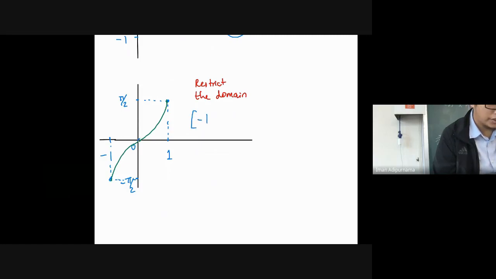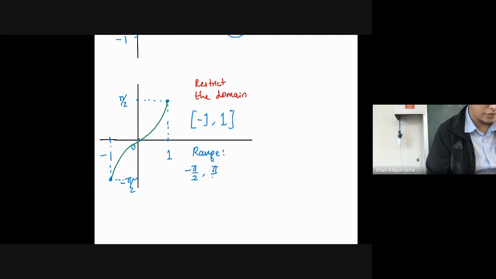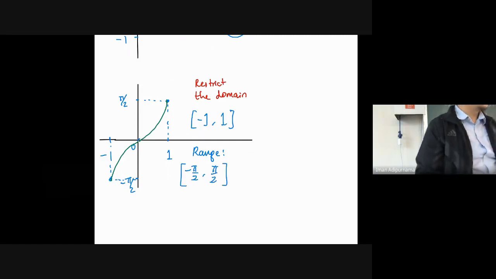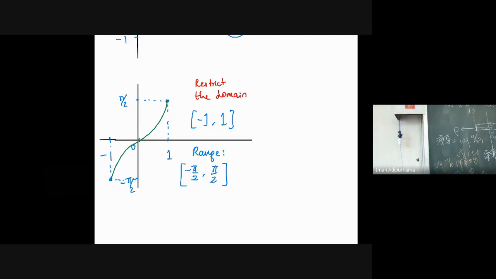So we need to restrict our function. Restrict the domain. So the domain should be only from -1 until 1, and the range will result in negative pi over 2 to pi over 2. Based on these two conditions, we can have this as our sine inverse.